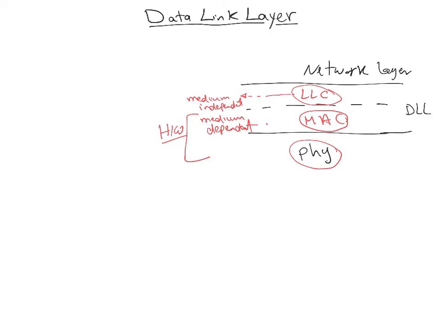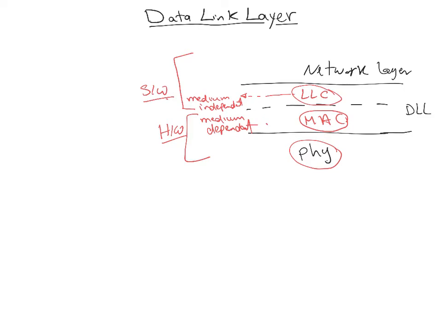The physical layer is of course medium dependent, and the MAC sublayer is also heavily medium dependent. That's why both of them are implemented in hardware. Whereas starting from the logical link control all the way up, including the logical link control sublayer, are implemented in software.